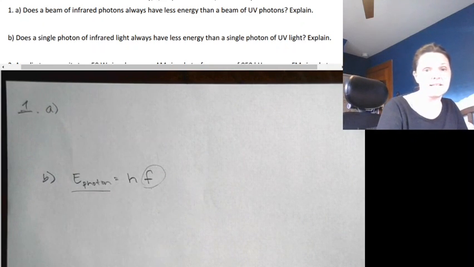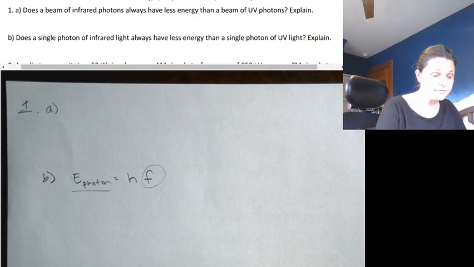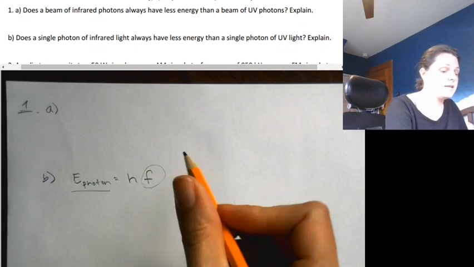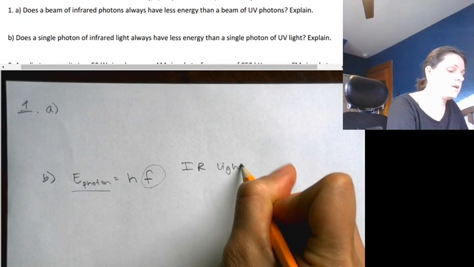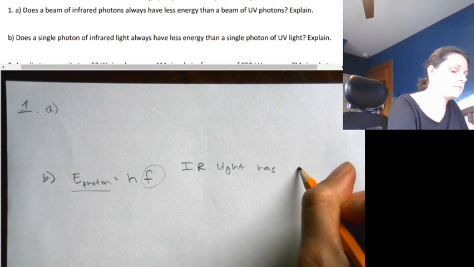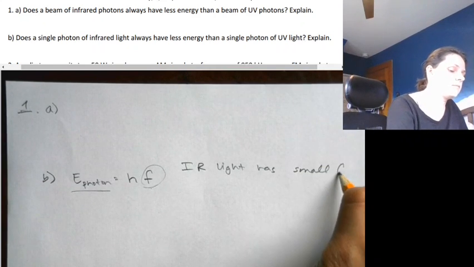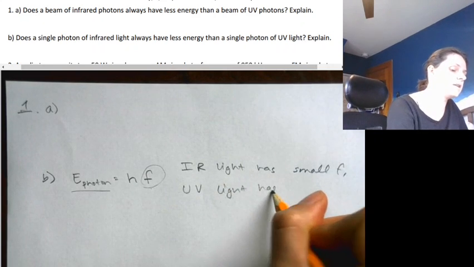On the electromagnetic spectrum, infrared light has a small frequency. UV light has a large frequency.